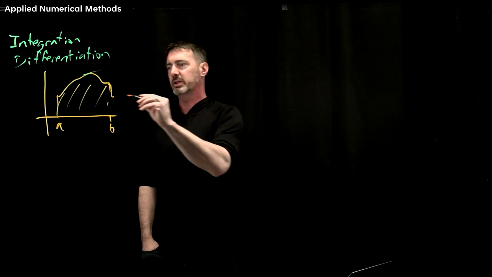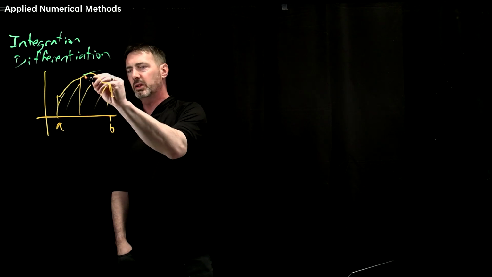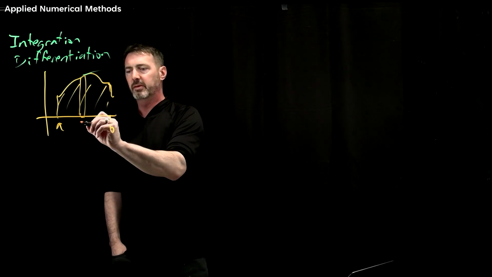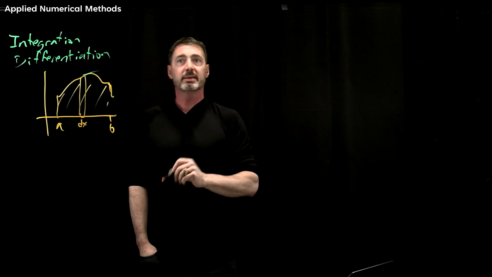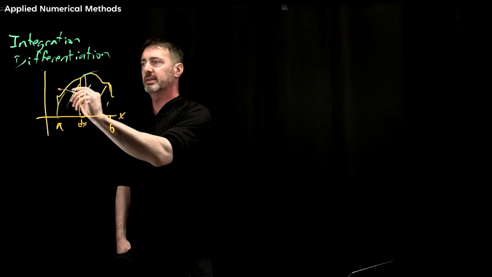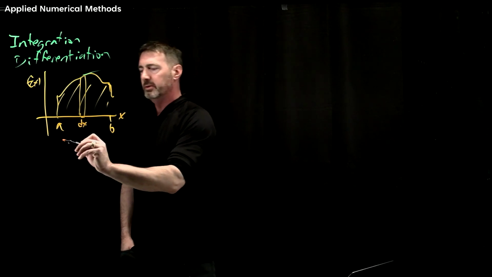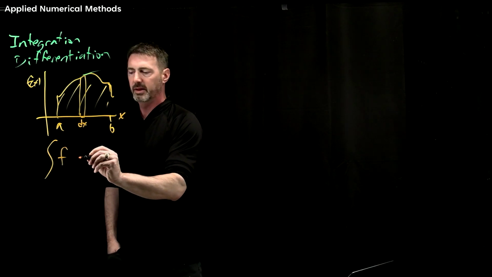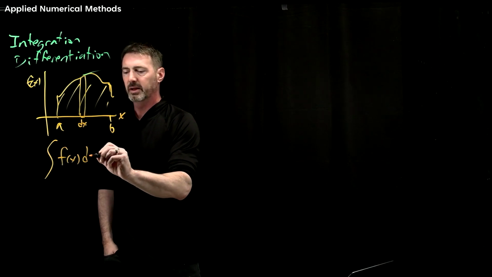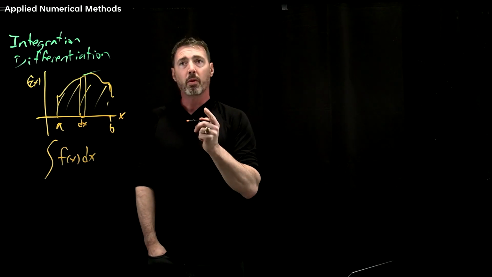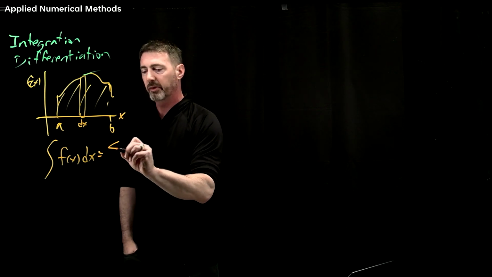So for integration, what we'll do is take each little bit of this and add up. Here's this little sliver, we'll call it dx. Assume this is the x-axis and this is some function with respect to x. What we're trying to do is integrate f of x as a function of x. What we do is turn this into a sum.